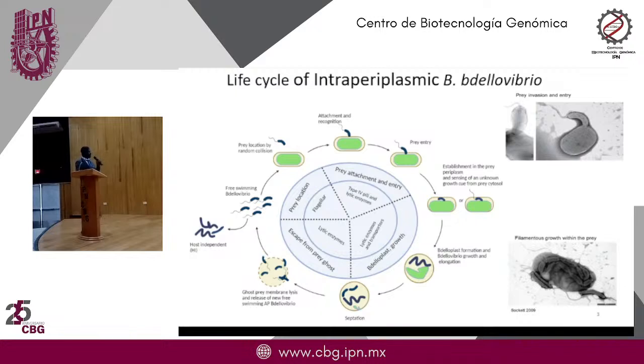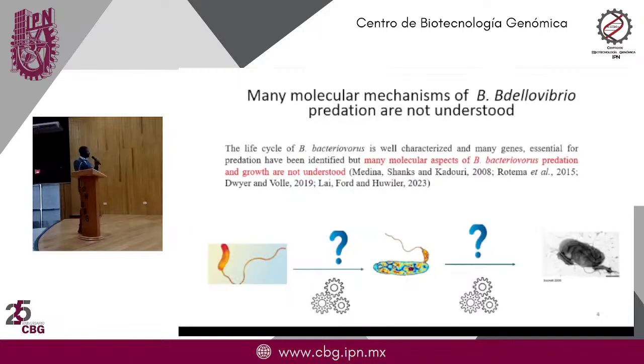And here we see its growth within the prey. So, the life cycle of Bdellovibrio has been well established. But the challenge is that many molecular aspects of Bdellovibrio predation and growth are not well understood, and this has been documented by several studies.